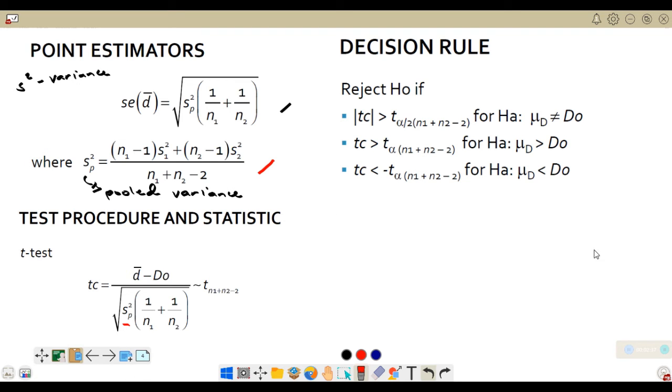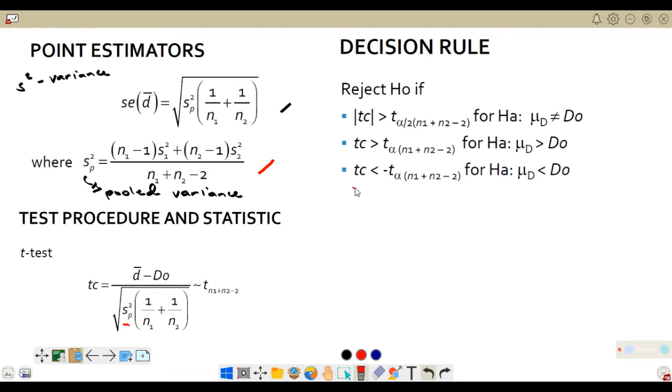And for the decision rule, same pa rin tayo. T computed must be greater than T alpha over 2 with n sub 1 plus n sub 2 minus 2 degrees of freedom. And for the other one, we have T computed is greater than T alpha with n sub 1 plus n sub 2 minus 2 degrees of freedom.